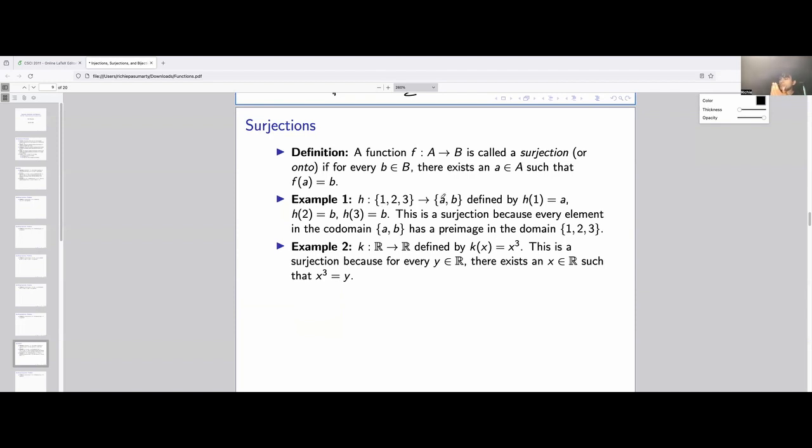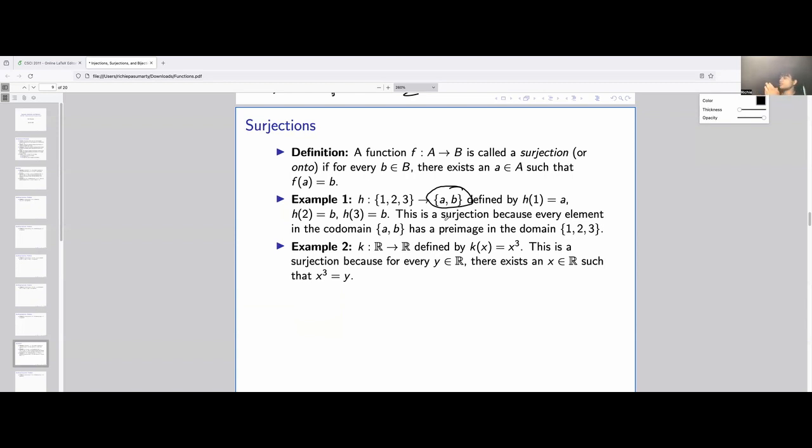Okay, so for example, let's look at this function here. Is there something which maps to A? Well, yeah, 1 maps to A, cool. Is there something which maps to B? Yeah, 2 maps to B and 3 maps to B. So this is a surjection because for everything in the codomain, I can find something in my domain which maps to it.